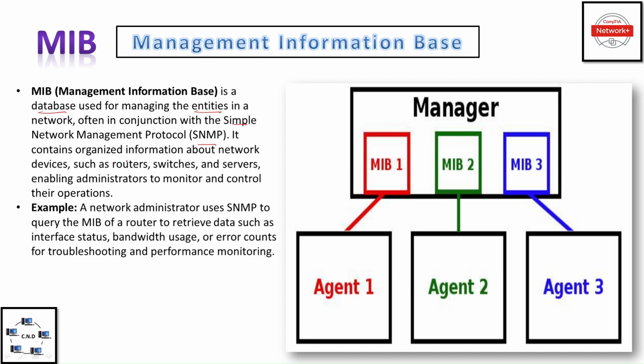It contains organized information about network devices such as routers, switches, and servers, enabling administrators to monitor and control their operations. For example, a network administrator uses SNMP to query the MIB of a router to retrieve data such as interface status, bandwidth usage, or error counts for troubleshooting and performance monitoring.